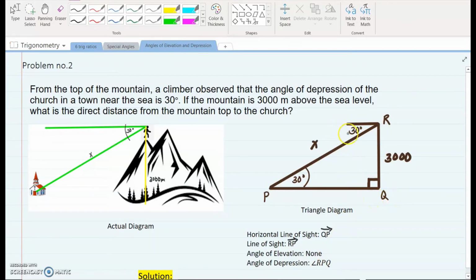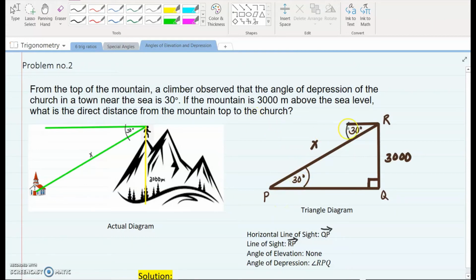Now, you will notice here that in the actual diagram, the 30-degree angle is situated at the observer. And then on the triangle diagram, what we did is we just rewrite 30 degrees in this angle. So why can we do that?